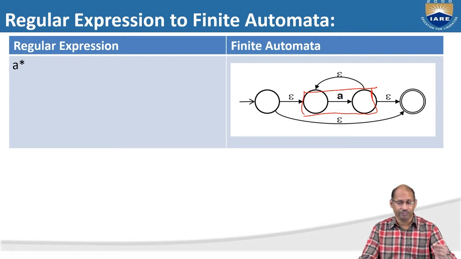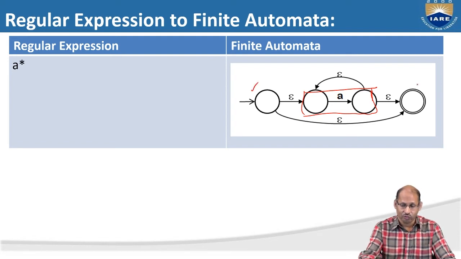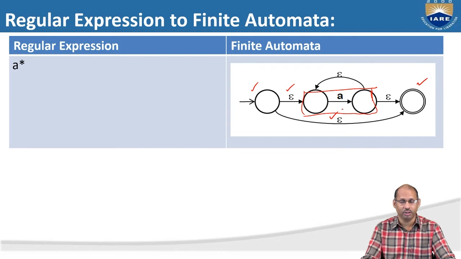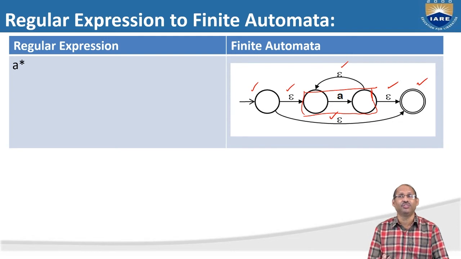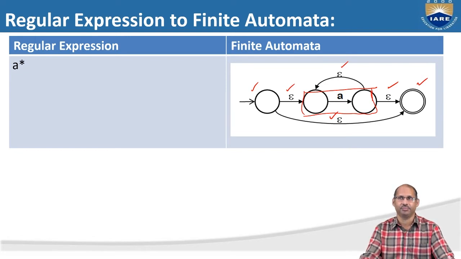The closure of A, for that purpose, we add one initial state, one final state, and connect with one epsilon, second epsilon, third epsilon, fourth epsilon. By adding these 4 epsilon transitions, we can specify the A star, closure of A. Right?